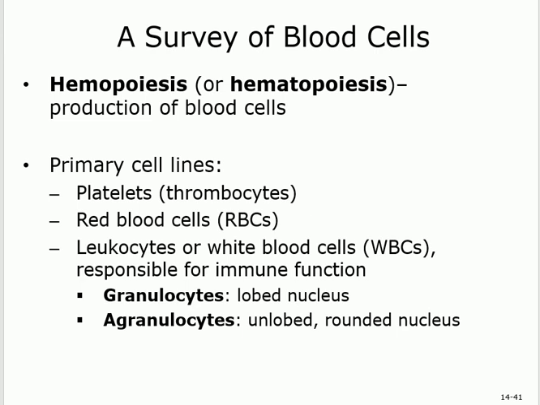Those without granules also have an unlobed nucleus. It's just a round nucleus. Did you get the difference? Granulocytes: two things, they have granules and the nucleus is lobed. Agranulocytes do not have granules, plus the nucleus is not lobed, it's round.